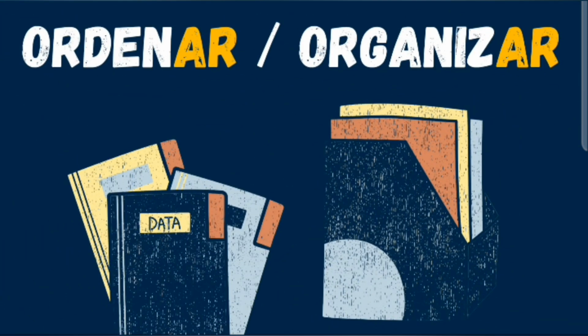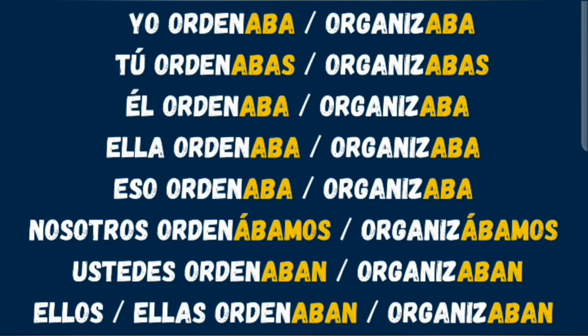Now I have this verb to order, okay, or to organize. And let's see how you have to conjugate these verbs using the imperfect past, okay? Let's go with the first one, to order, ordenar.